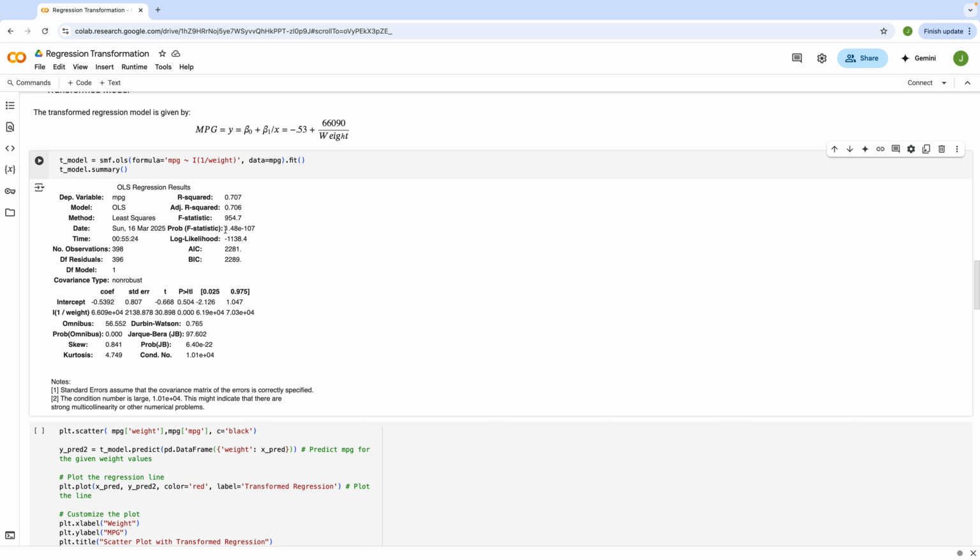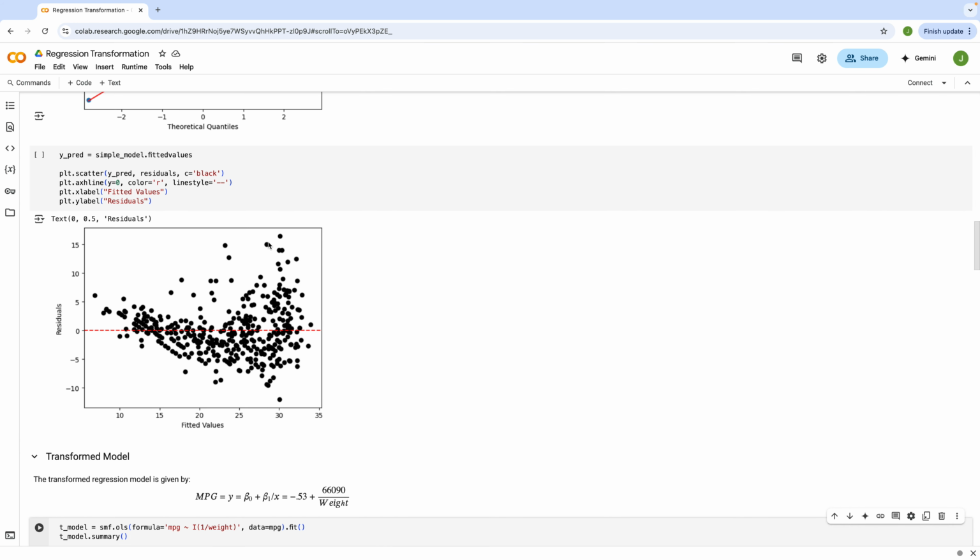The constant would happen to be the average, and we'd reject that we should use the average as the predictor. With this p-value, it's very teeny. It's 1 times 10 to the minus 107. It's very, very small.